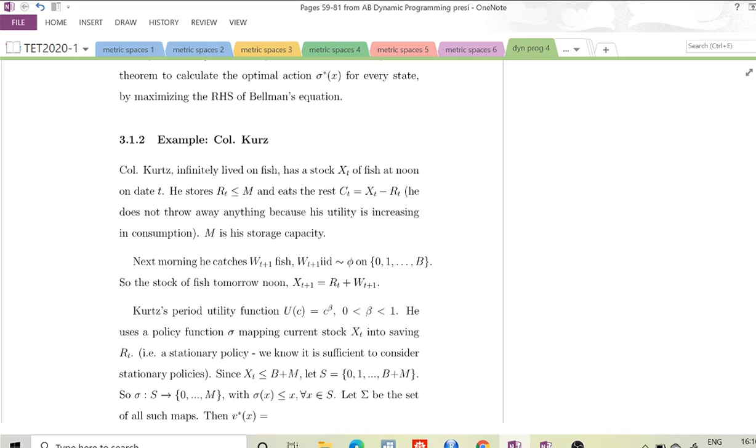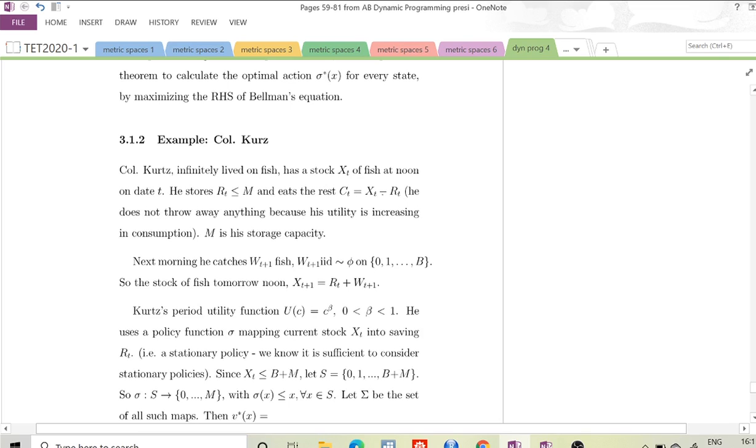So set all that aside, this is a very simple discrete dynamic programming problem. There's a guy who eats fish, and to begin with has a stock x_t of fish, and takes the action of eating fish first. So with x_t of fish at time t, he eats c_t, and stores the rest, r_t = x_t - c_t.